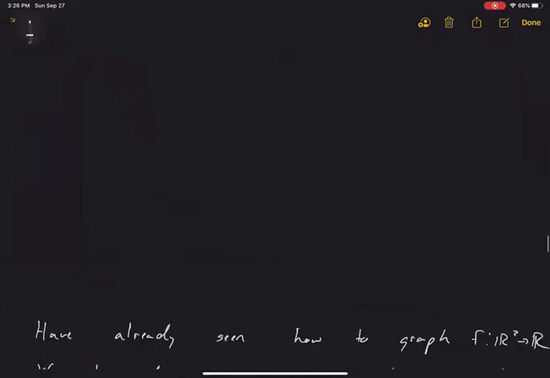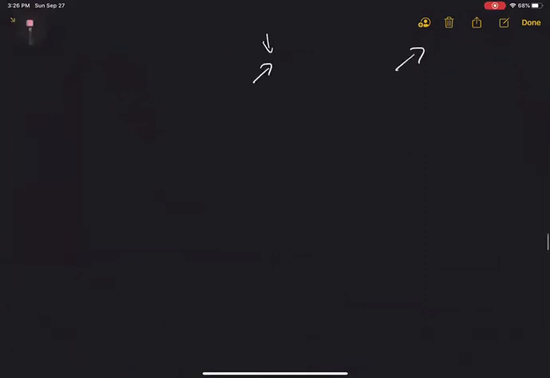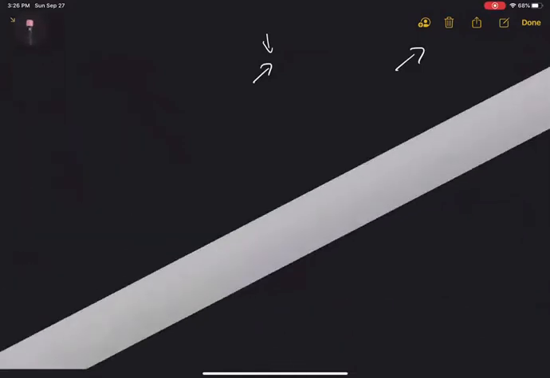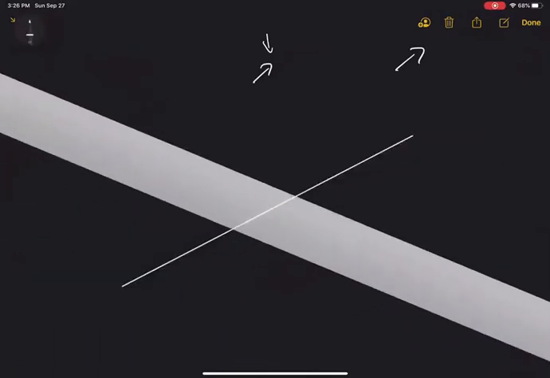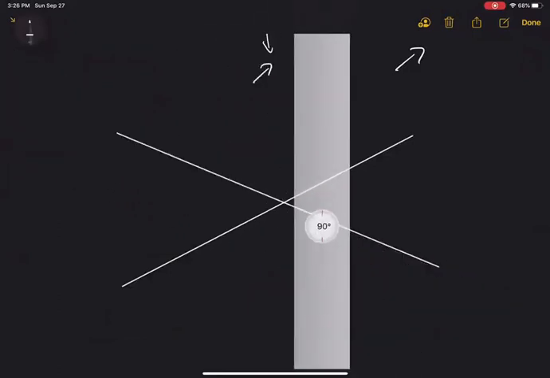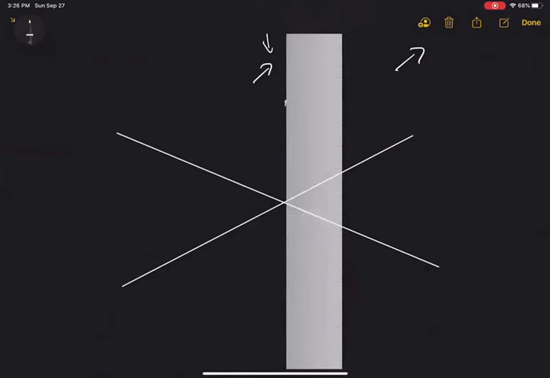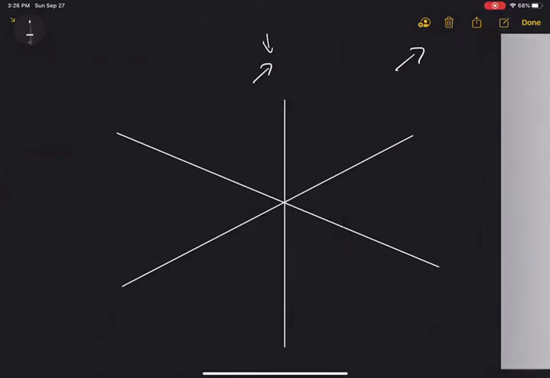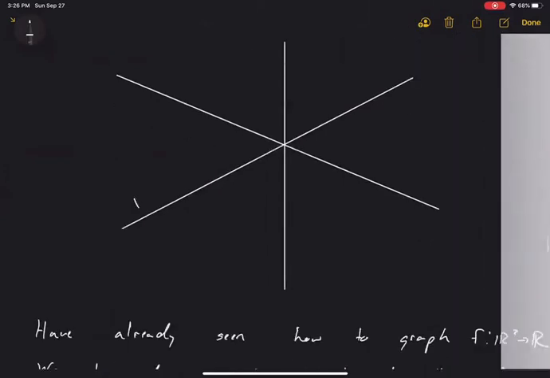So we're back in R3. This is my x-axis, y-axis, z-axis.